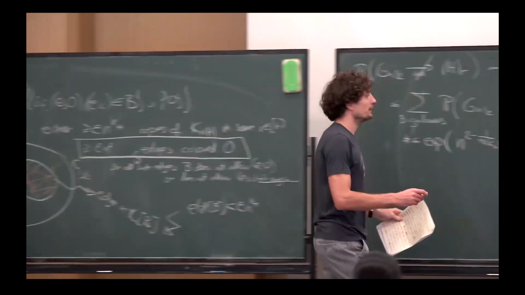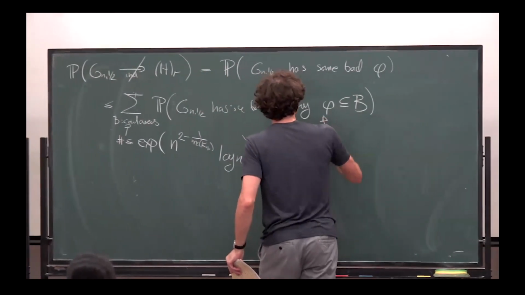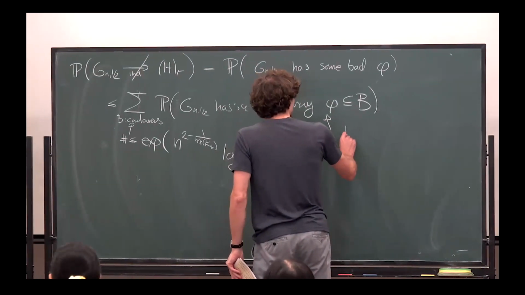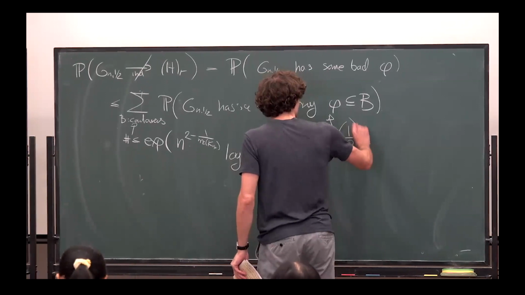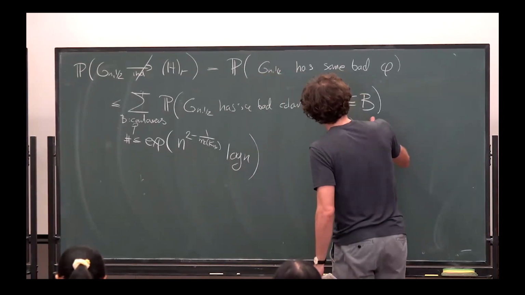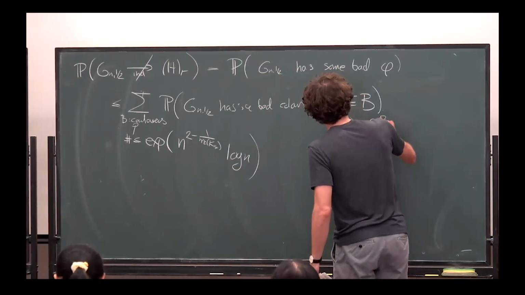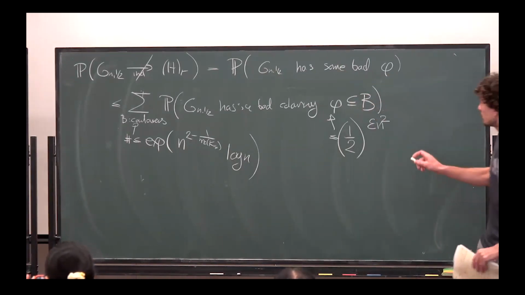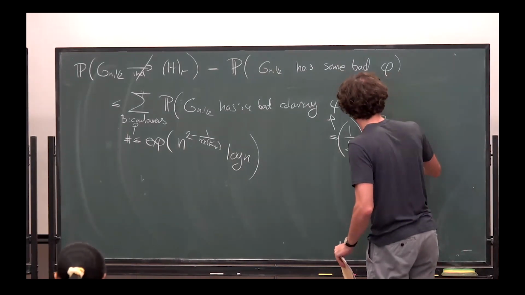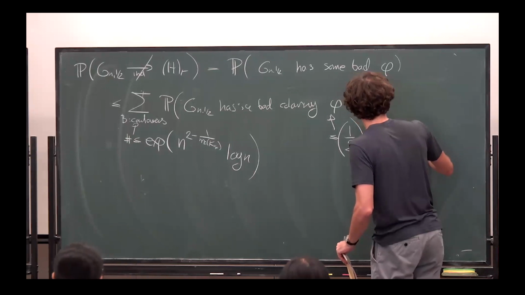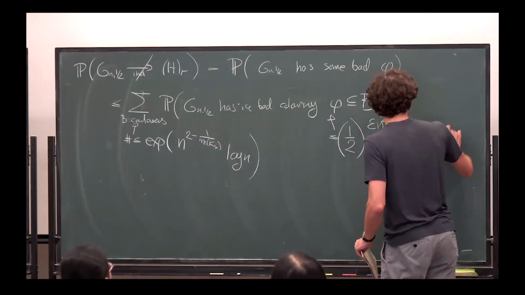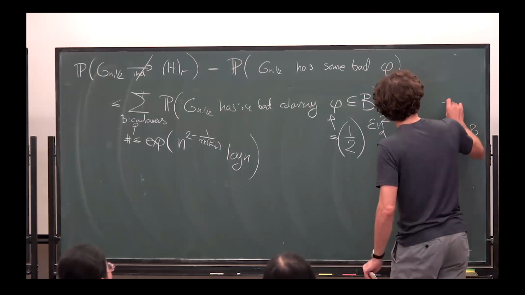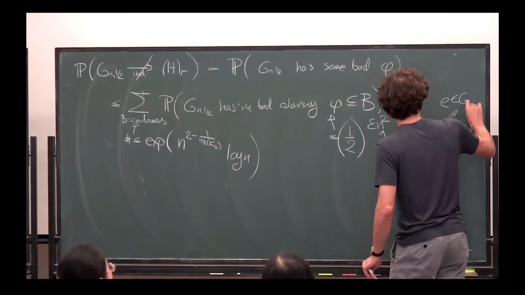So this probability is at most 1/2 to the power epsilon n squared. Because these are the edges where E0 is not in B, then E must be in Gn1/2.